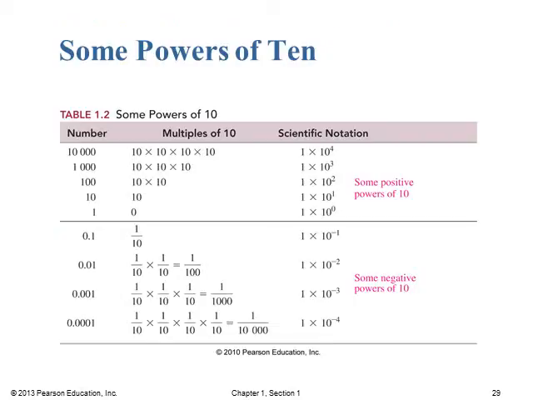Here you see the table of powers of 10. What you can notice is that there's a line separating the top from the bottom for a reason: it separates the negative from the positive exponents following the 10 that you're multiplying your coefficients by. When you have 10 to the power of 1, you're taking 10 raised to the power of 1, so you're just multiplying your coefficient by 10.